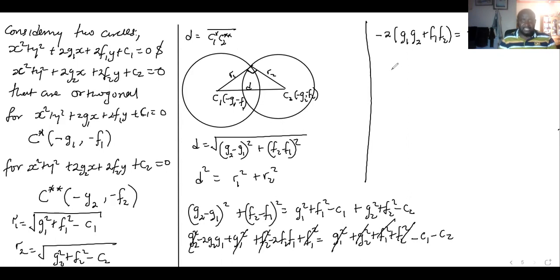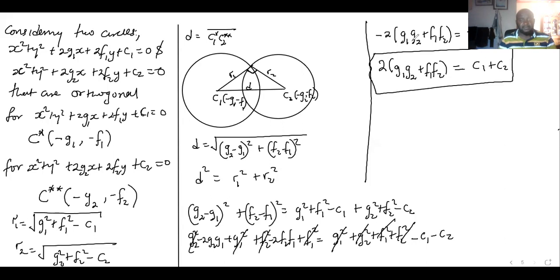So in totality, twice of G1 G2 plus F1 F2 should give you the sum of the constants in the equations of the circles. This is another condition you can use for orthogonality.